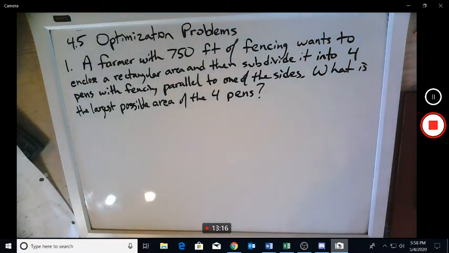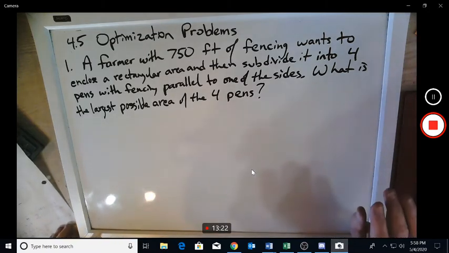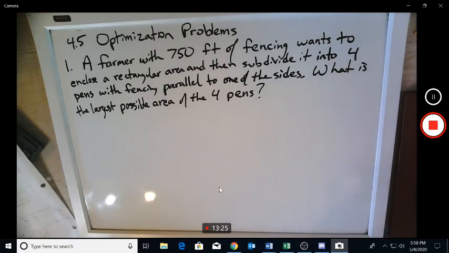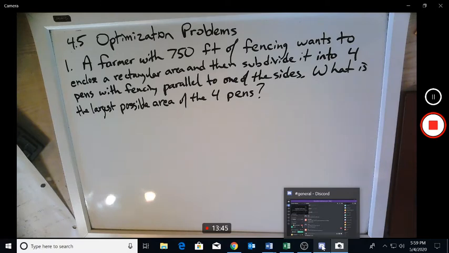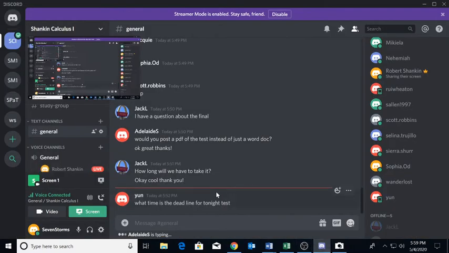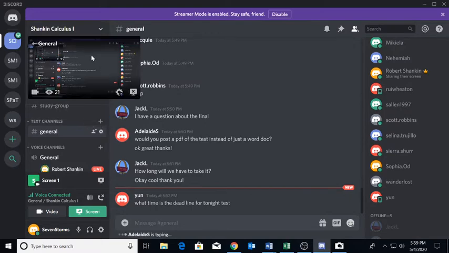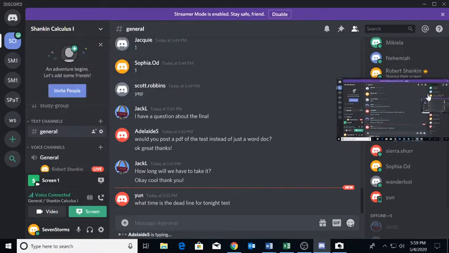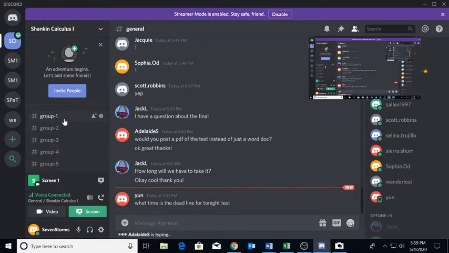And, all right, I'm going to draw some possibilities for how the pens could look. And I'm going to ask you to use your intuition, not any fancy math or not any math at all, just your intuition to answer some basic questions about this. And to do that, if you go into Discord, you will see that I have made these groups.